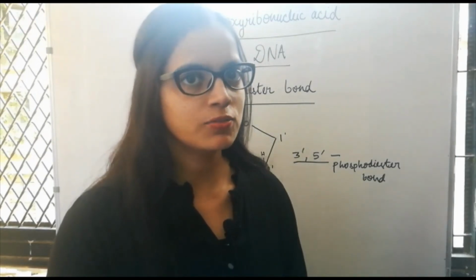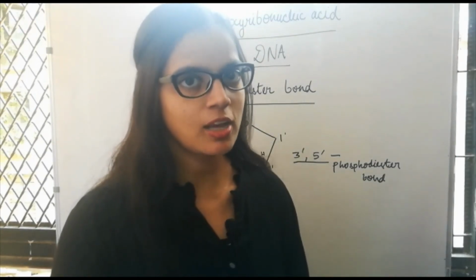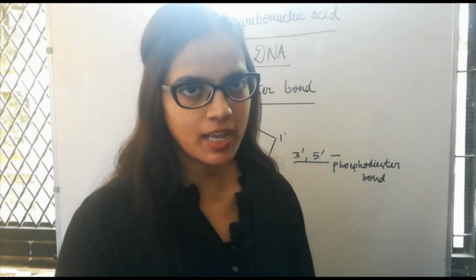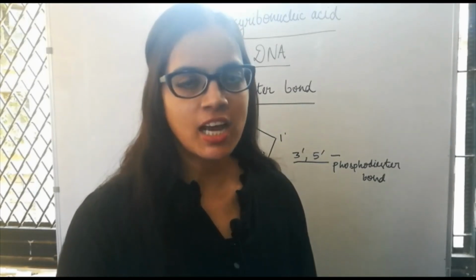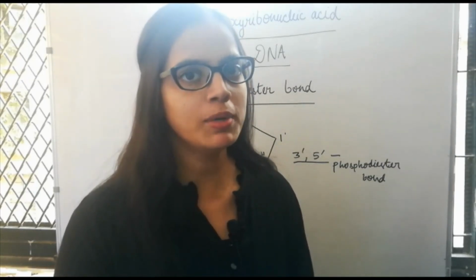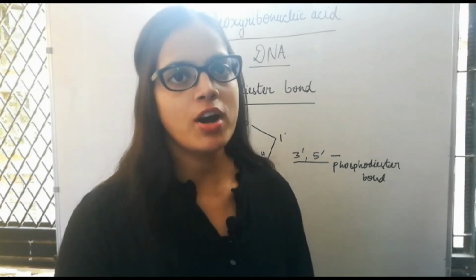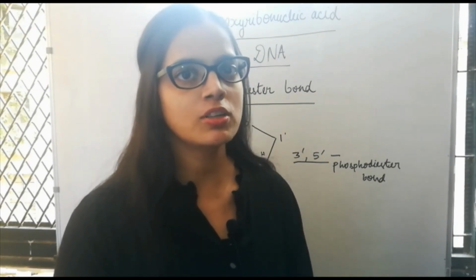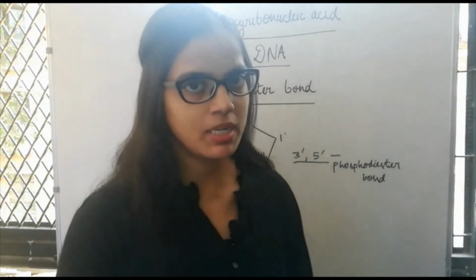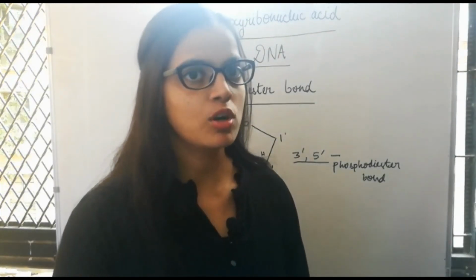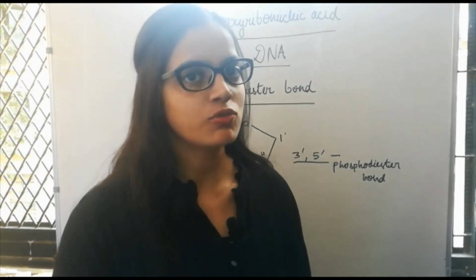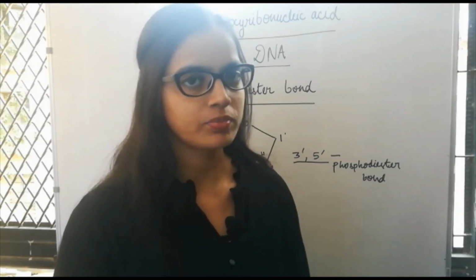Glycosidic bond is of two types, that is 1-9 glycosidic bond and 1-1 glycosidic bond. 1-9 glycosidic bond is found between sugar and purine. 1-1 glycosidic bond is found between sugar and pyrimidine, and phosphodiester bond in DNA is a 3'-5' type of bond.